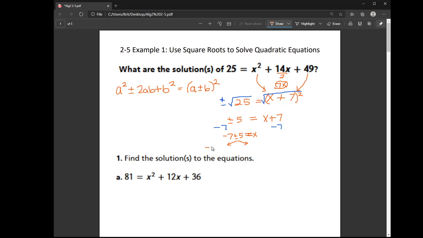The first instance is when it's a plus, so I get negative 7 plus 5 is x. And the second instance is when it's a minus, so I get negative 7 minus 5 equals x. So that's negative 12. And here this is negative 2.